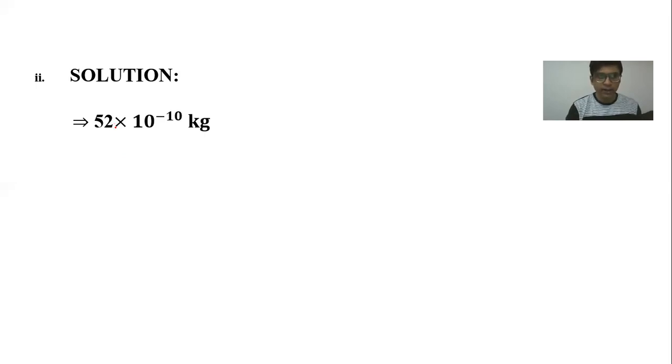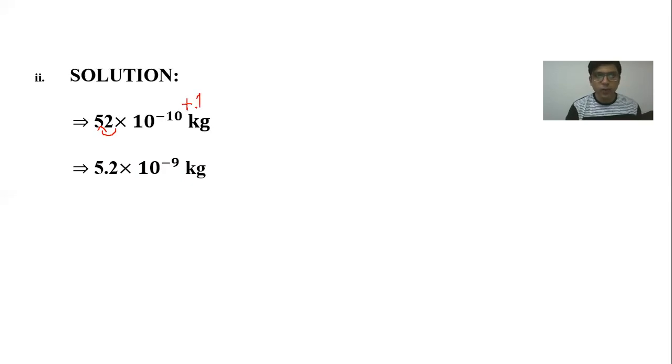Now I have to shift this decimal towards the left so that I get one digit before the decimal. So we can write it as 5.2. If I shift my decimal one digit towards the left, I have to add plus 1 to the exponent.